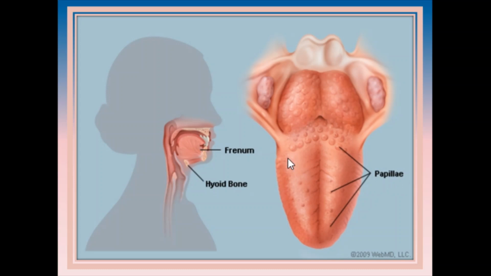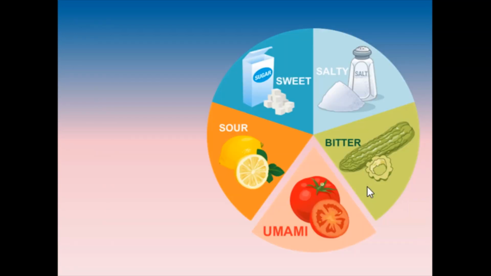Papillae. Okay, front part we have the frenum. Good job. And the last at the back is the hyoid bone. Alright, these are the common parts of our tongue that you should always remember as well.